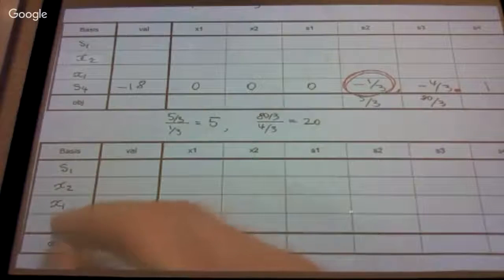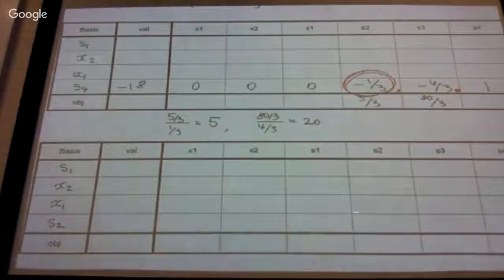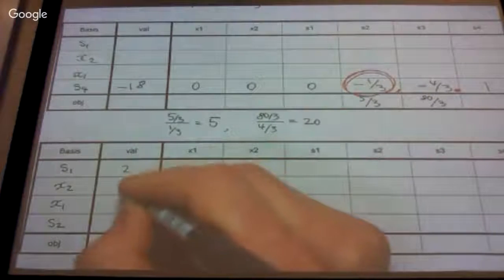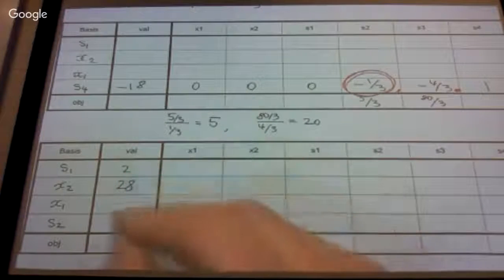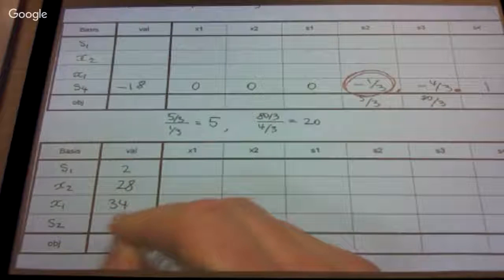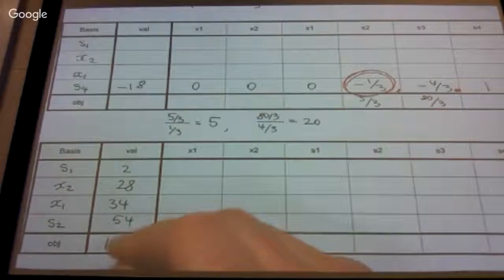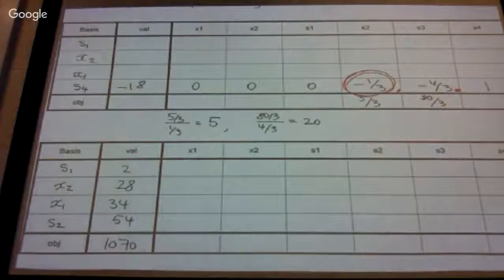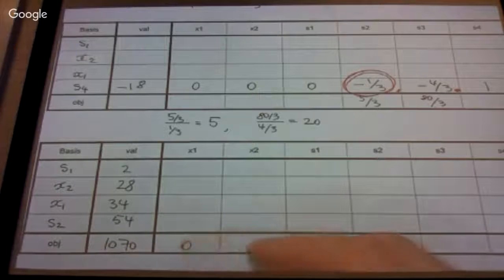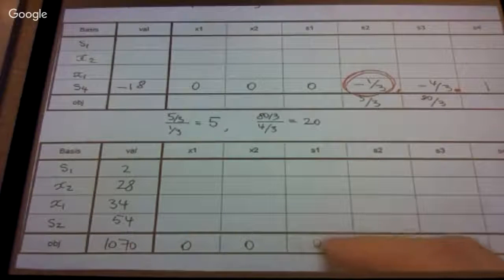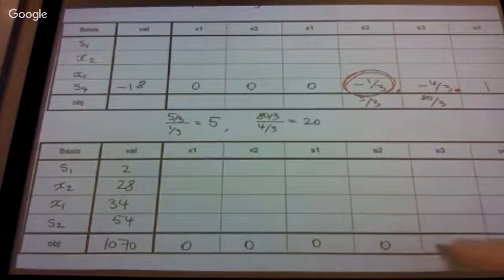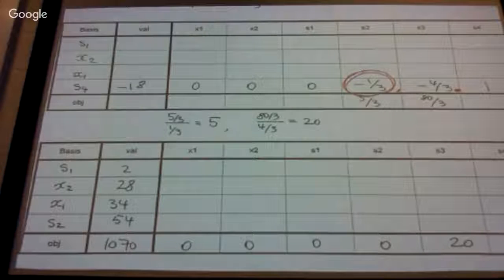S4 is replaced with S2. The right-hand sides are 2, 28, 34, 54, and 1070 apparently. But what's more important is the objective row is 0, 0, 0, 0, 20, and 5. And the rest you can find in the book, or do it on your own.